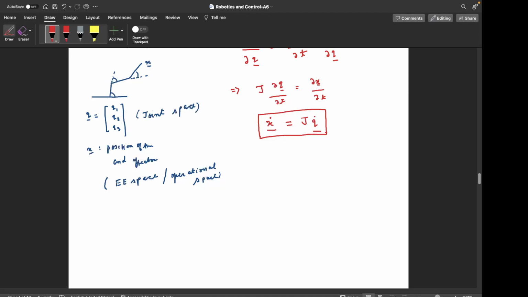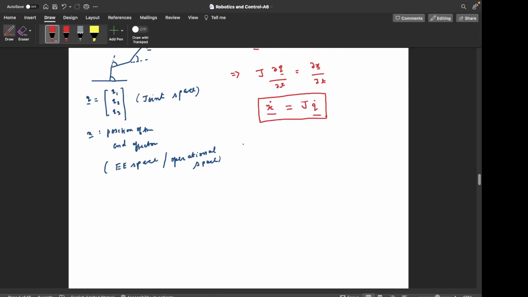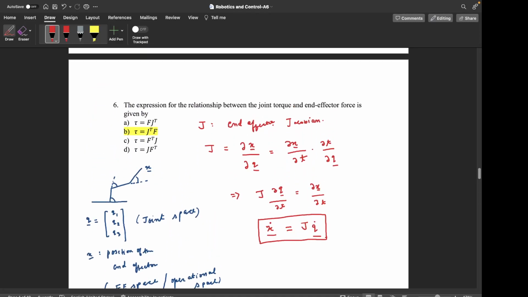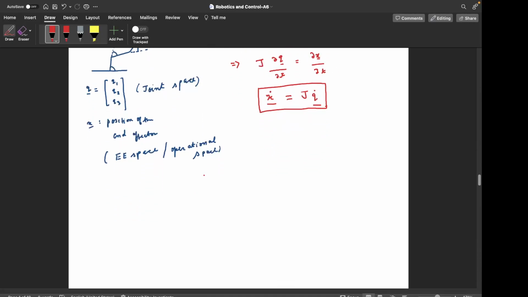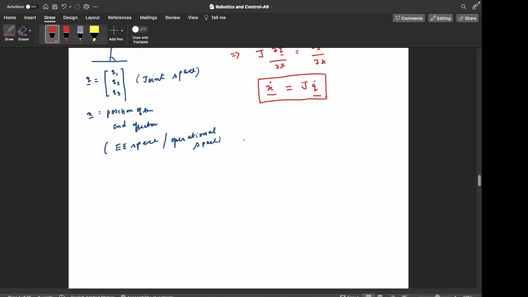Now using this relationship we would arrive at the tau equals J transpose f relationship. So let me define the power delivered to the end effector.